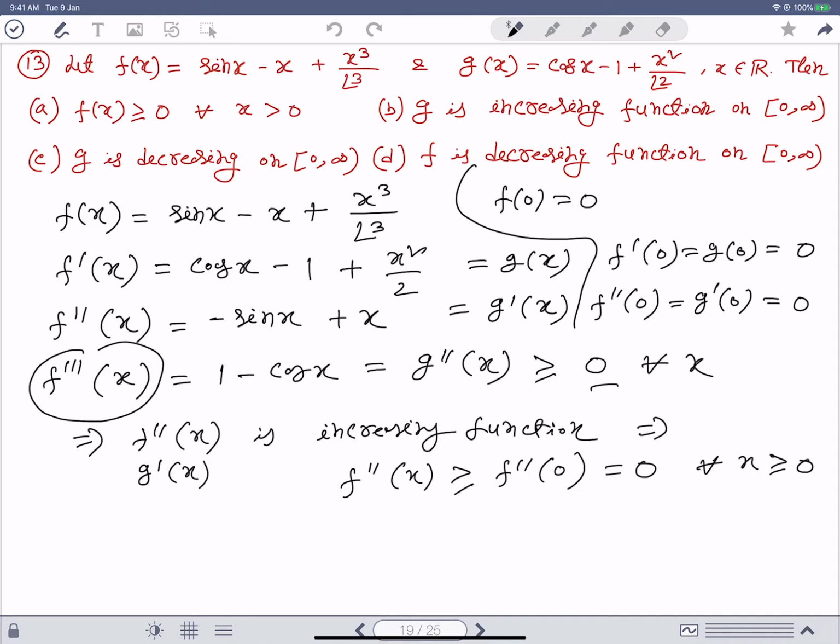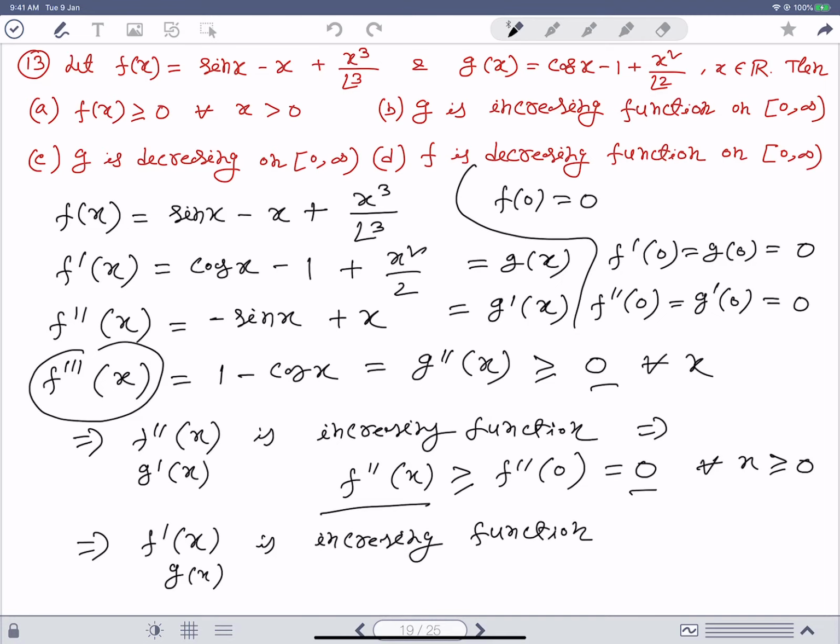So, that means whenever x bigger equal to 0, then f double dash x is bigger equal to 0. Therefore, from this we can say that f dash x, which is g(x), is an increasing function, right. Now, since this is an increasing function, f dash x bigger equal to f dash 0, which is equal to 0, and this is true for all x bigger equal to 0, right.